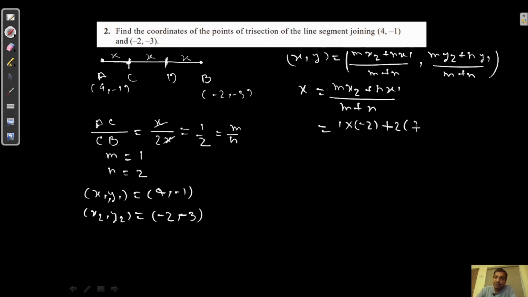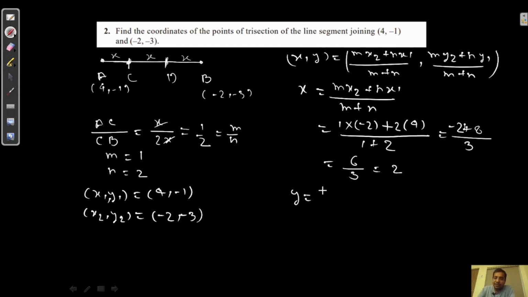As you can see, it is 4, upon m plus n. The value of m is 1 and n is 2. Let us solve it. Minus 2 into 1 is minus 2. 4 into 2 is 8, upon 2 plus 1, which is 3. When we solve, it will be 6 by 3. 3 into 6 is 3. So the value of x is 2.